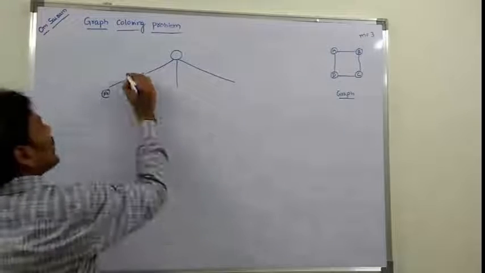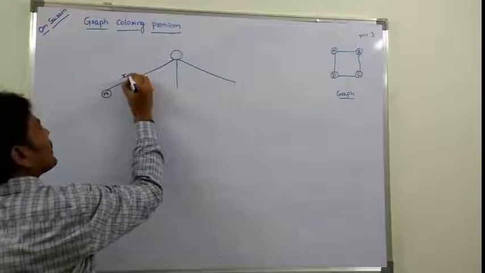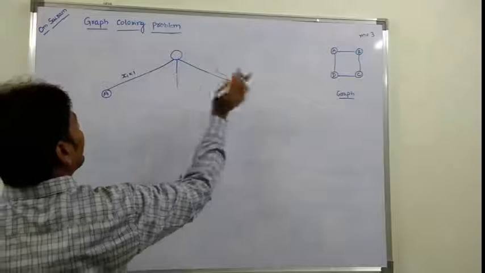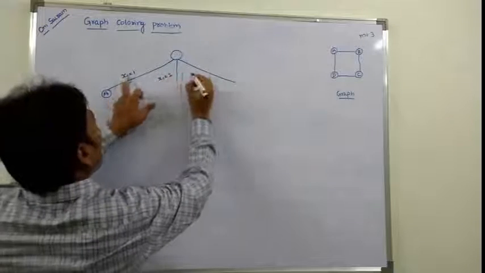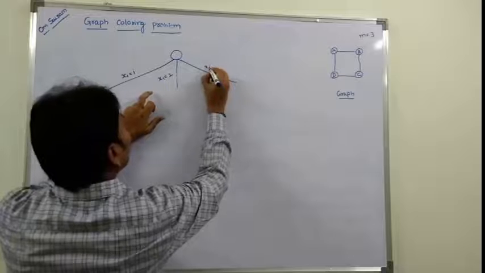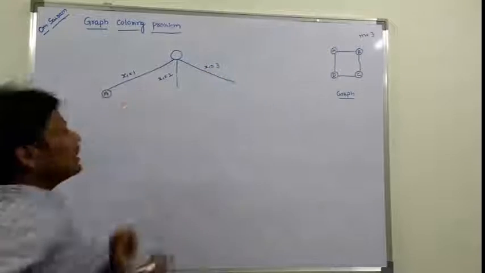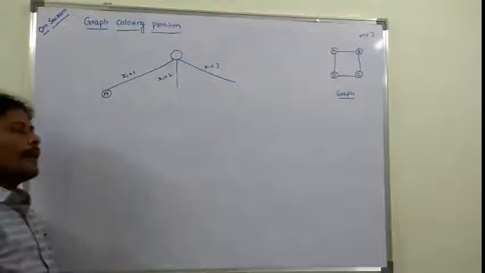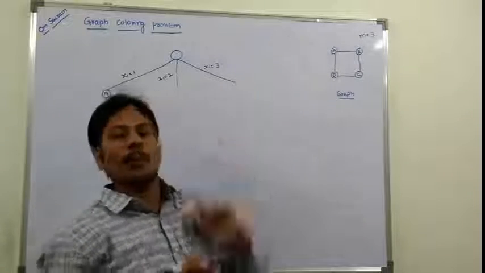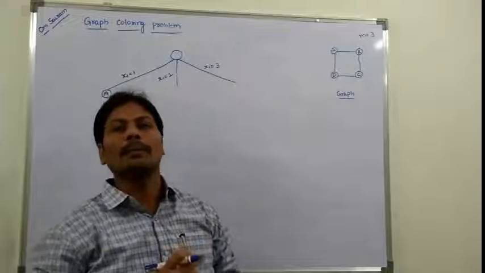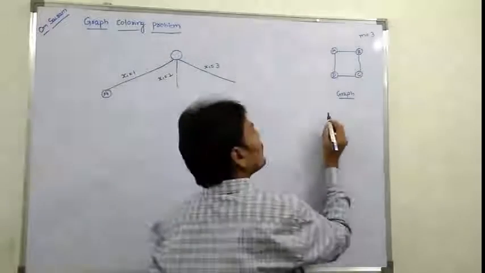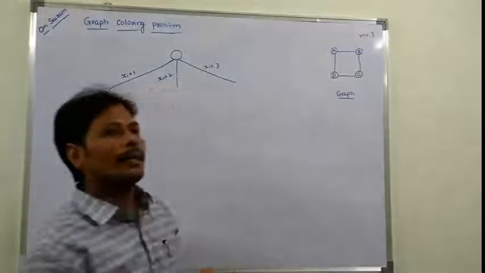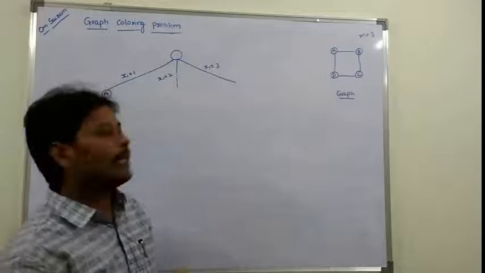So we are using the first color. For vertex A, we are using either the first color, the second color, or the third color. For this given problem, the solutions can be represented by using the state space tree.